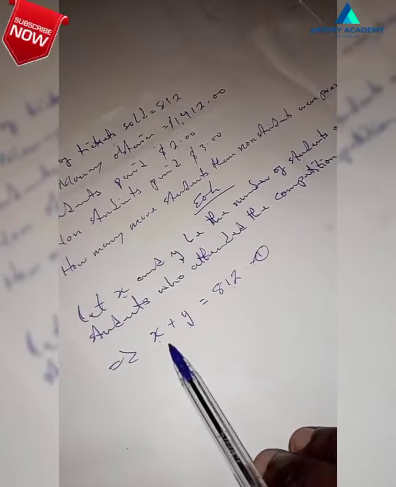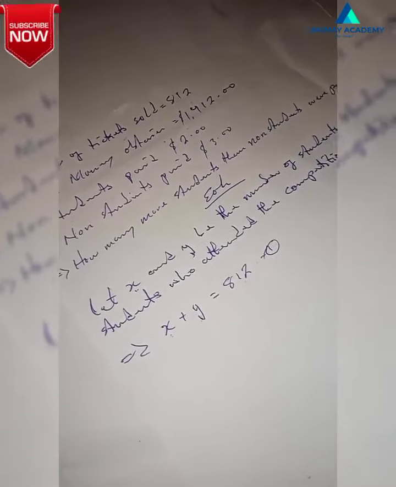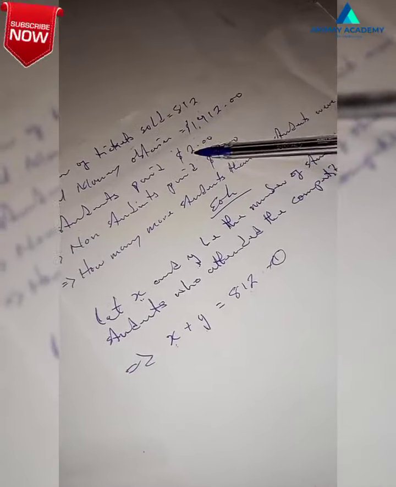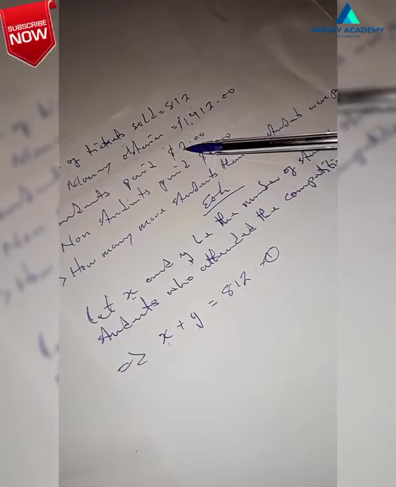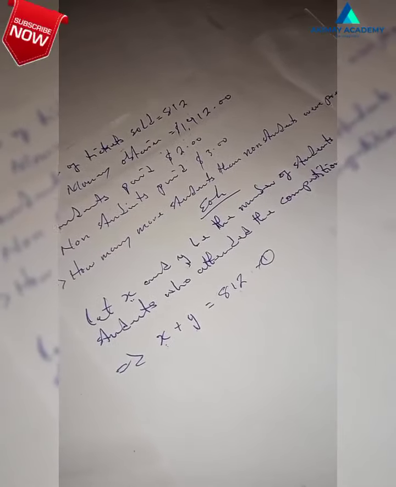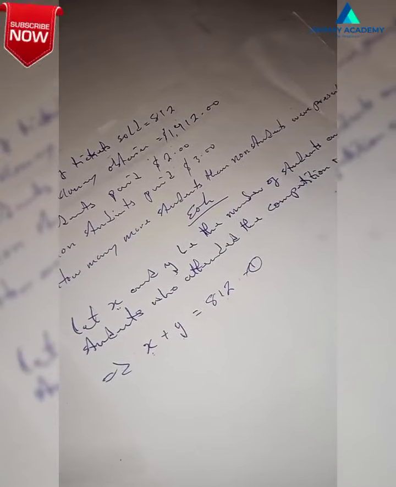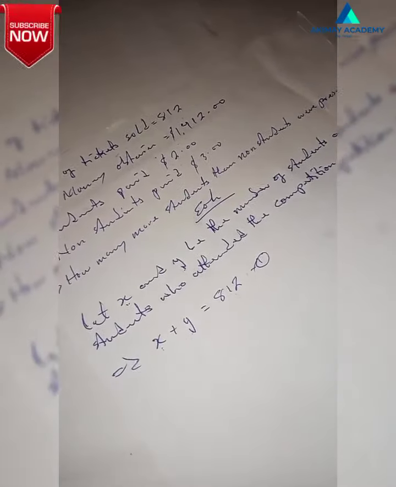Now we know that X students attended the competition. If X students attended the competition and each of the X students paid $2, how am I going to get the money that was generated from the students who attended the competition?